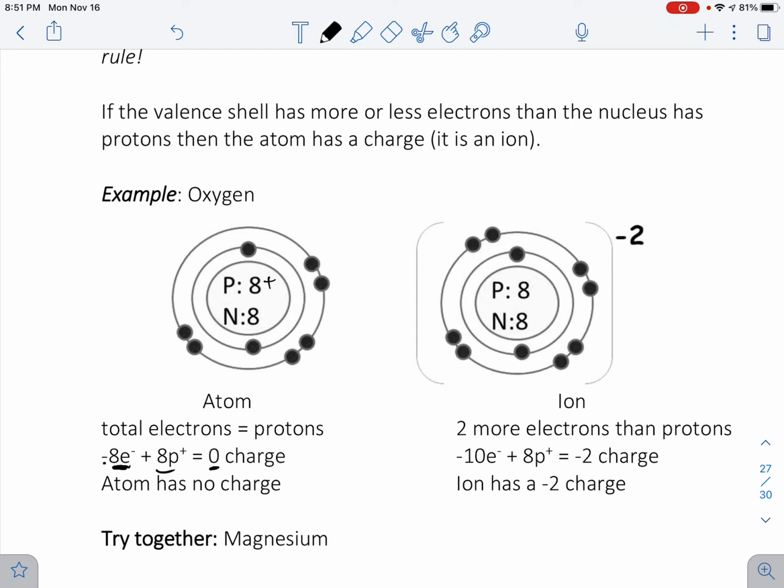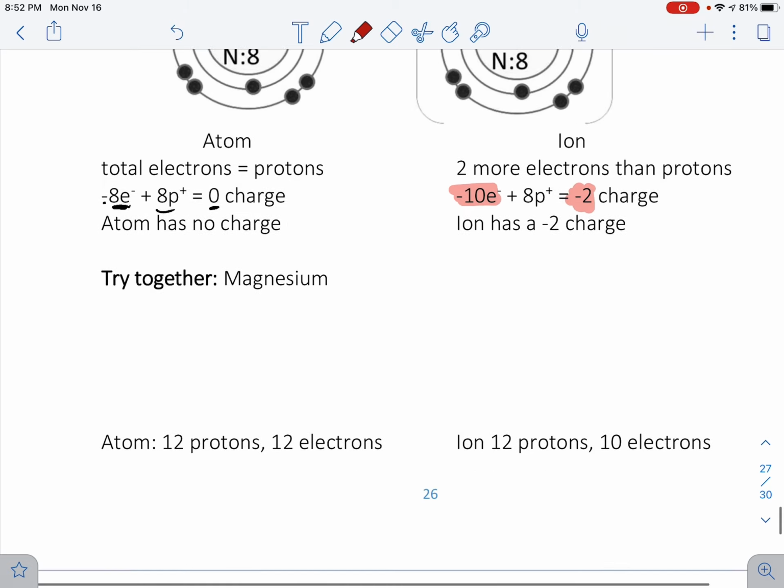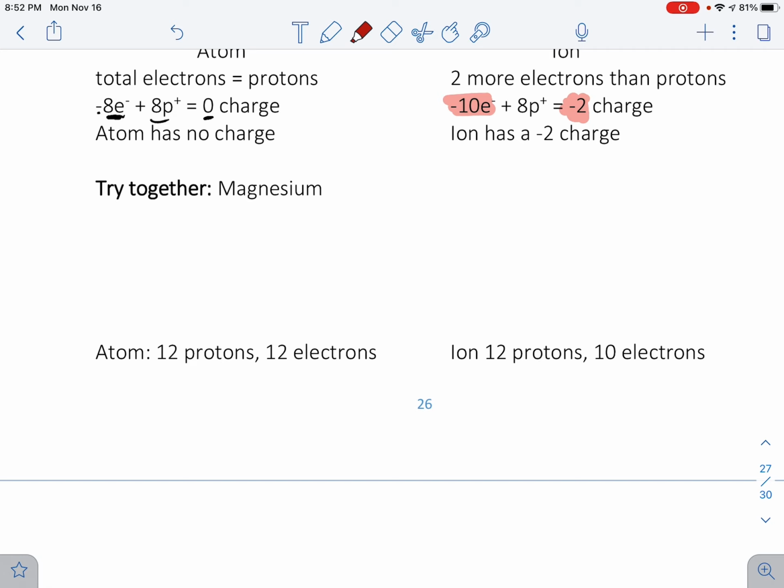But there are 2 spots here for electrons, because we have 6 in the outside shell. If we fill those 2 spots with 2 more electrons, giving it a full shell, which is stable and favorable, then there are going to be 10 electrons and only 8 protons, which gives us a -2 charge.